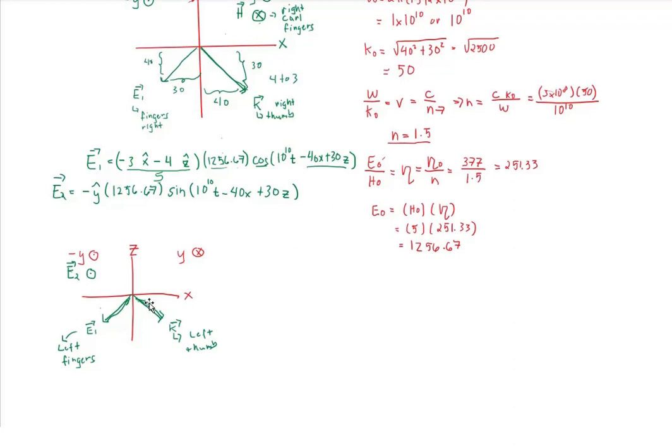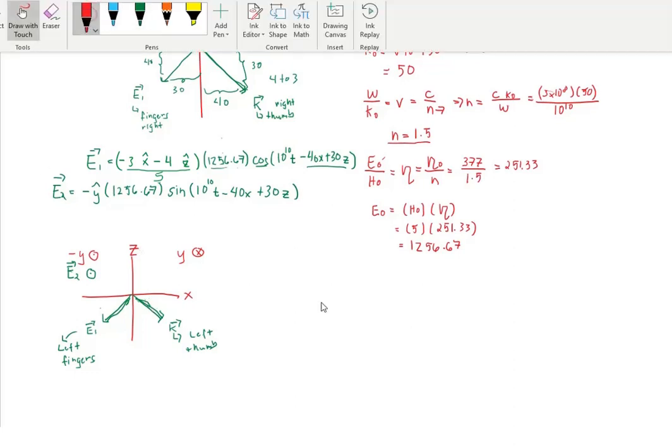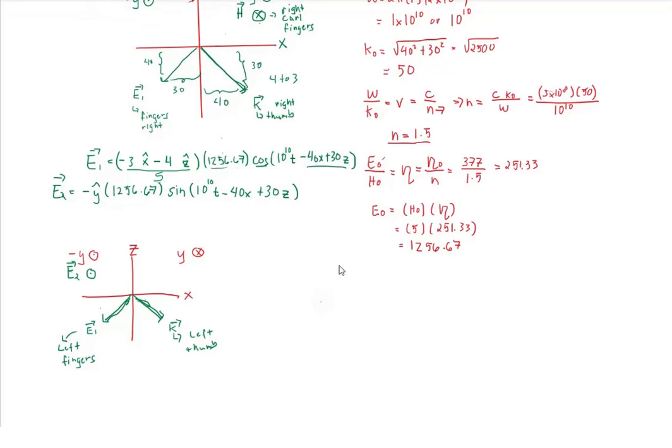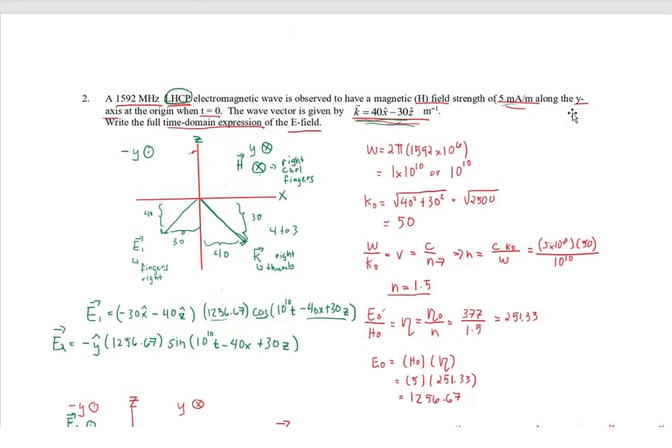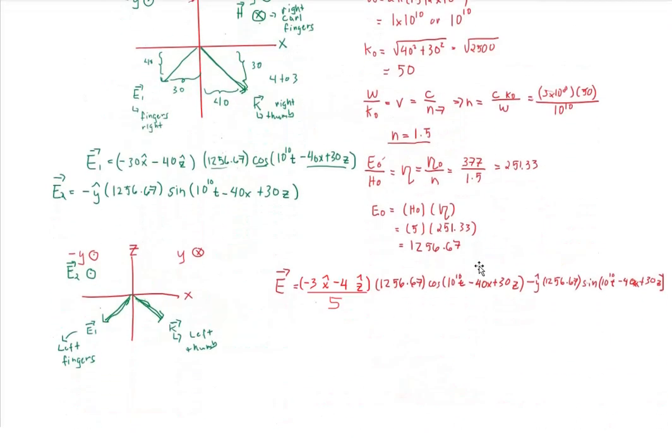Now all we need to do is combine the two. So our full time domain expression for our E field is going to be, and do not forget our units: since we came from milliamps per meter, this is going to be millivolts per meter. That is the full time domain expression of our E field wave.